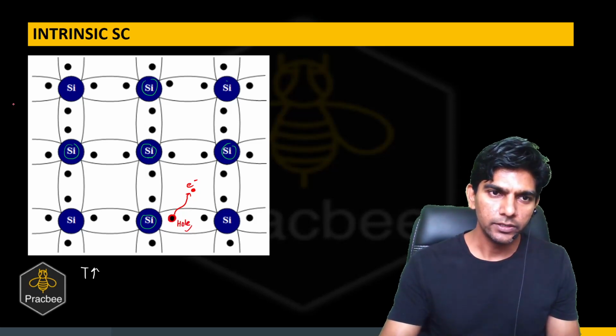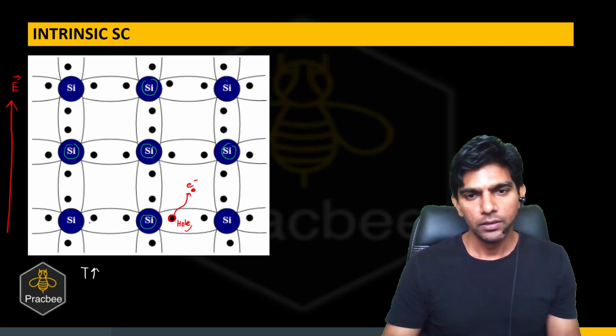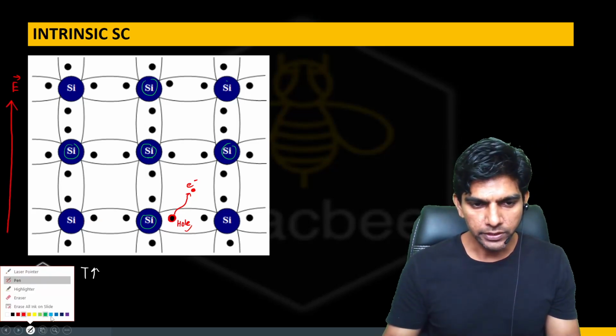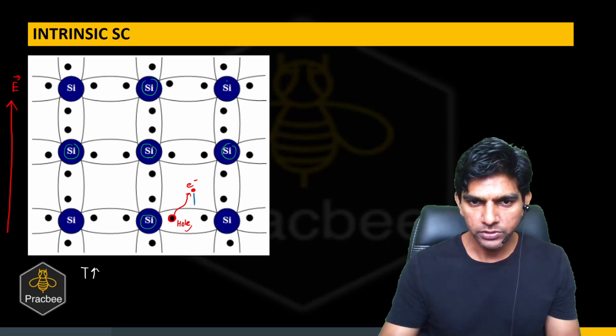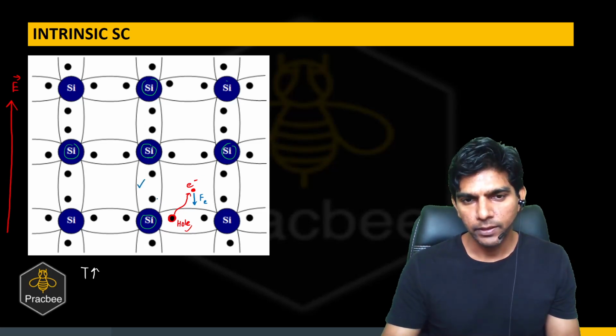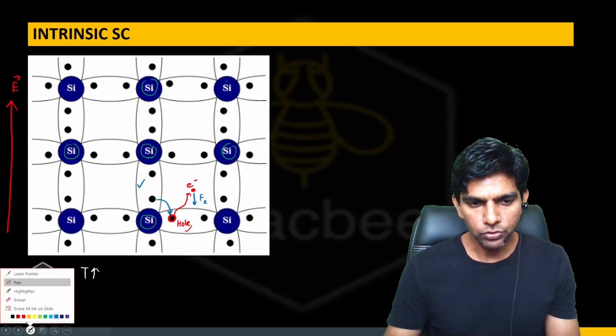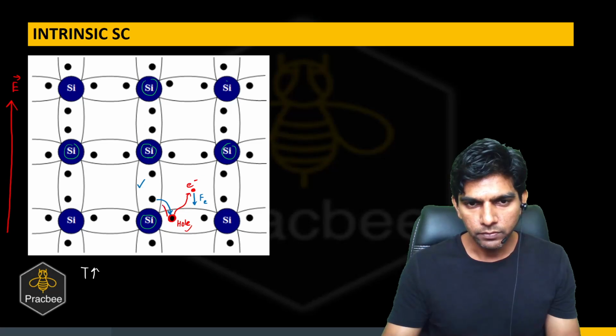Let us say an electric field is applied in the upward direction. Due to this electric field, there will be a force experienced by the electron in the opposite direction. That is the force experienced by the electron because of the external field. And let us say now this bond breaks. When this bond breaks, this electron will occupy this vacancy. If it occupies this vacancy, then the hole will move in this direction.